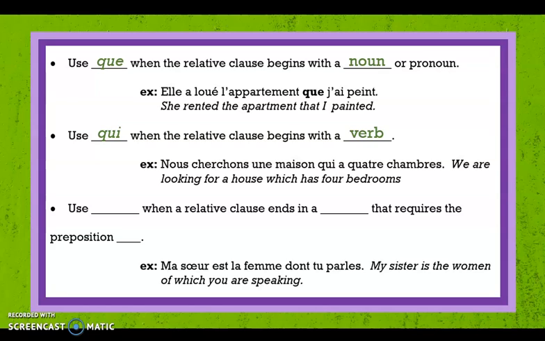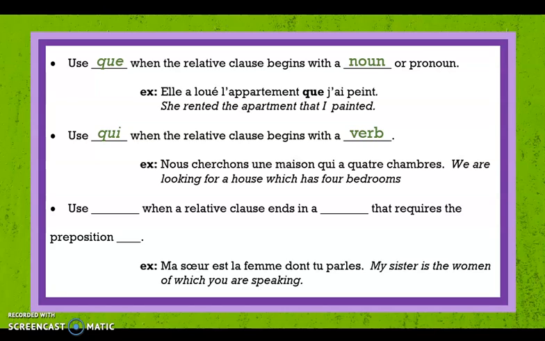It tells us that it's a house that has 4 bedrooms. All right? Well, we connect nous cherchons une maison and a 4 chambres with the relative pronoun qui. That's because our relative clause begins with a verb, the verb a. So, now you know how to use qui, que.